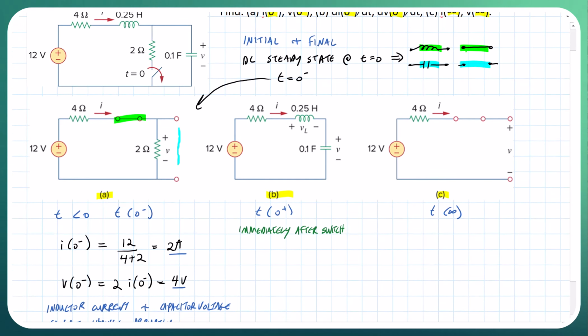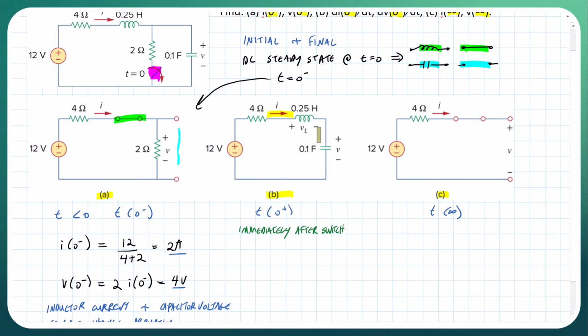So if the switch opens right here, what happens is you have this 4 ohms, you have this inductor, this resistor is no longer in play, and we have the capacitor. So we just have an RLC circuit with a source. So the equivalent circuit is going to be in figure B here. So the same current flows through both the inductor and the capacitor in this case. So this current is going to flow through the inductor and the capacitor.